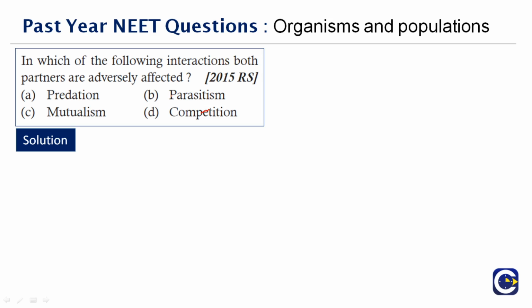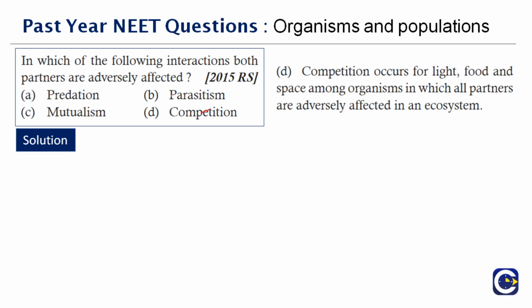So the interaction where both partners are adversely affected is competition. A good example in our day-to-day life is between siblings, when both fight for the same product or same book or some kind of object, they both get affected, because they hit each other, right? The same thing can be seen here. Therefore, the right answer is option D, competition.